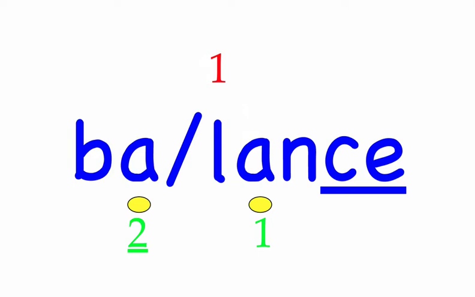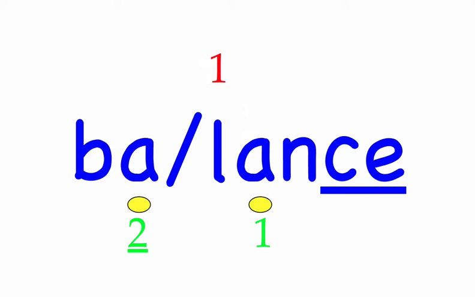However, the A is representing its short sound here, not its long sound, so we underline the 2 to indicate an exception is occurring. Why is CE a team at the end of this word? CE is a team because E has no other function in this word except to give C its second sound. The E at the end of this word is not causing the A to represent a long sound.